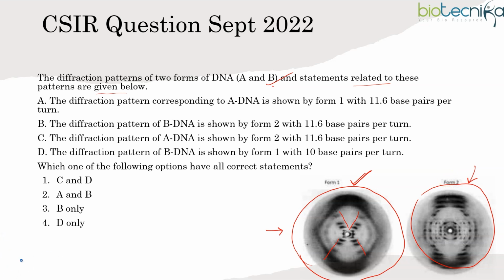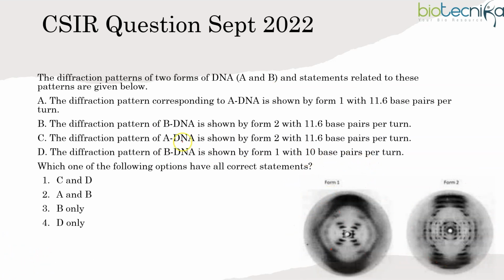Now the diffraction pattern corresponding to A DNA is shown by form 1, which is 11.6 base pairs per turn. Or the diffraction pattern shown in form 1 is B DNA, with 10 base pairs per turn. Similarly, form 2 is either for B DNA or A DNA, and these many base pairs per turn will be there.